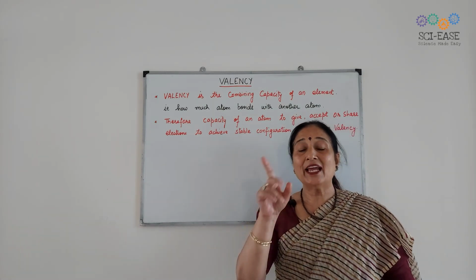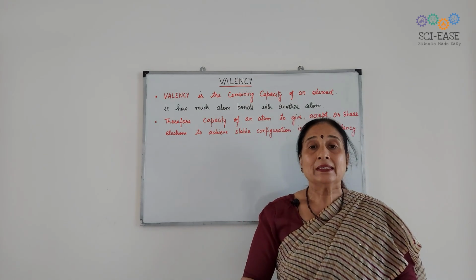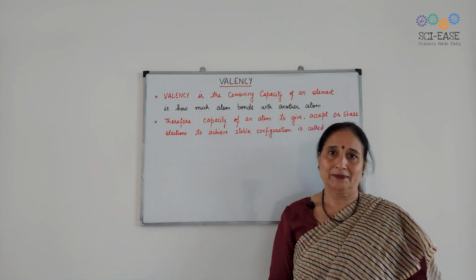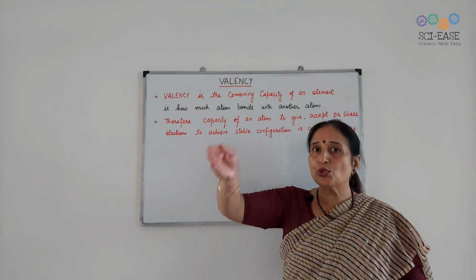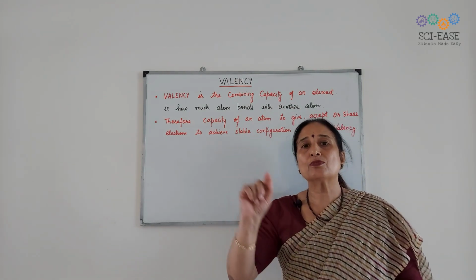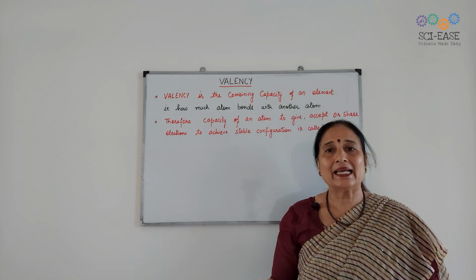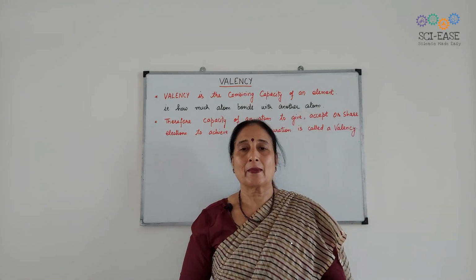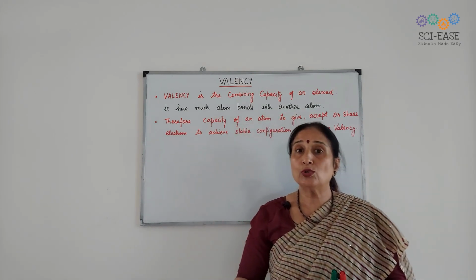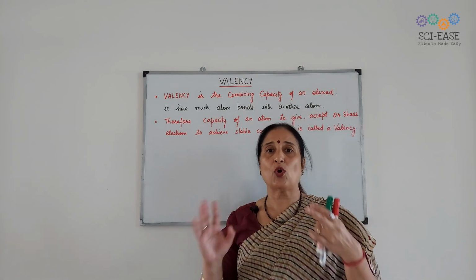And the shell in which these valence electrons are present is known as the valence shell. Means the outermost shell we call the valence shell, and all the electrons in it we call valence electrons. And we have read this also, that the outermost shell can have a maximum of 8 electrons.